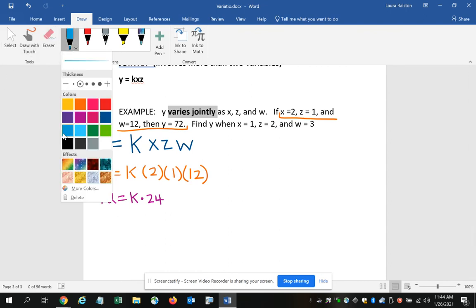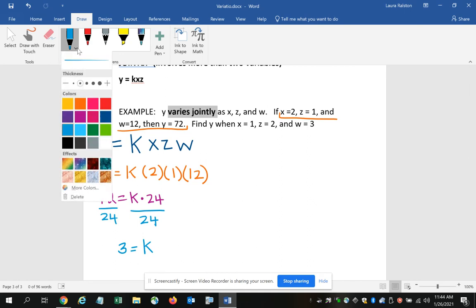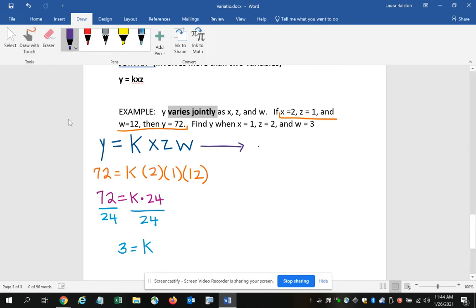I'm trying to solve for k, so I'm going to divide both sides by 24. So k is 3. Going back to the original formula, I would have y equals 3 times x times z times w.